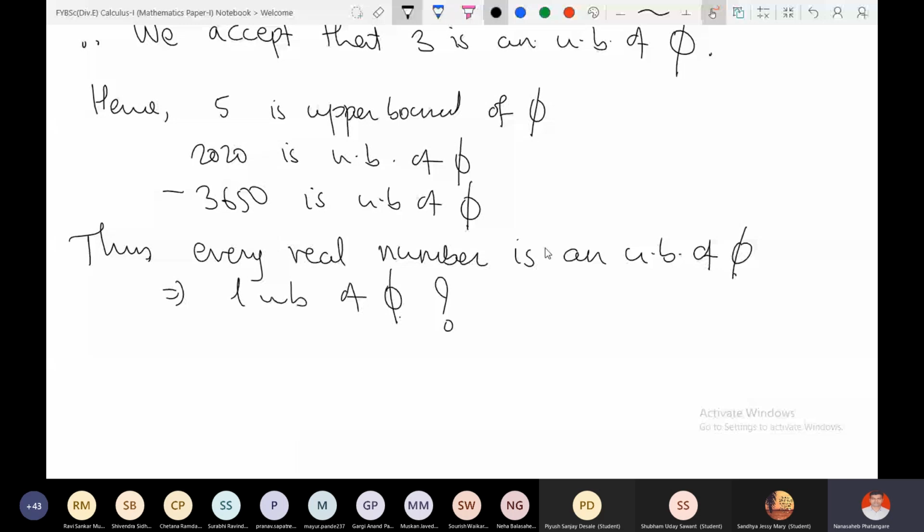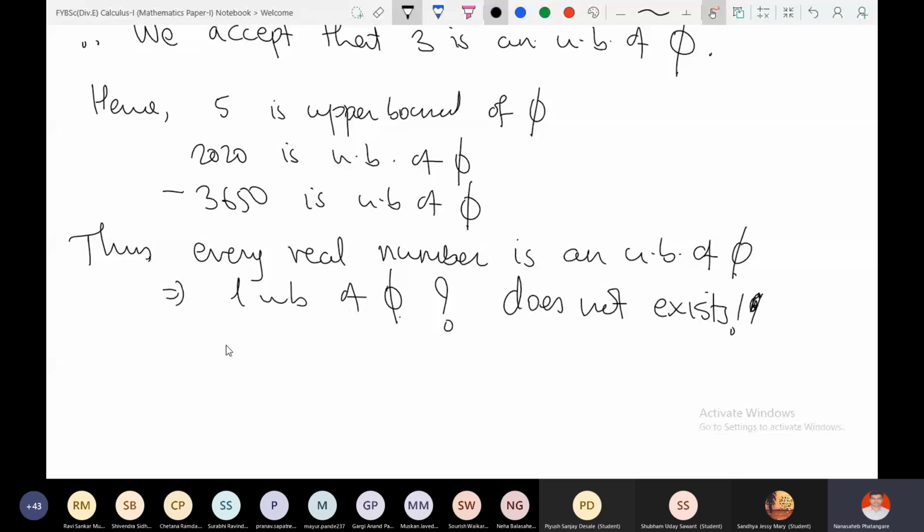The least real number does not exist. That means it is not in our world, it is not in the real numbers. Correct? Yes, sir. And therefore the least upper bound, or supremum, of the empty set does not exist.